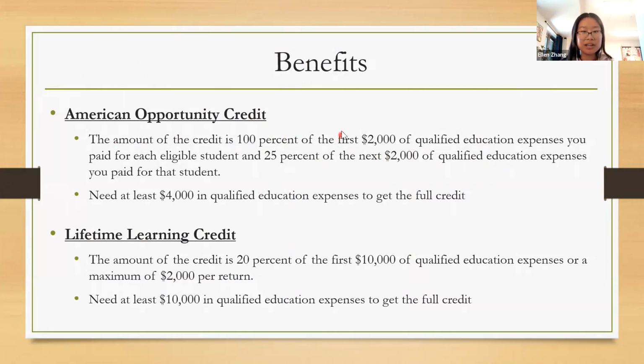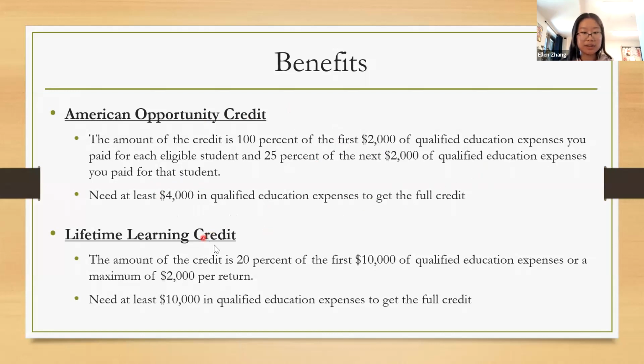If you remember, the limit on the American Opportunity Credit is $2,500. So you would need at least $4,000 in qualified education expenses to receive the full credit.